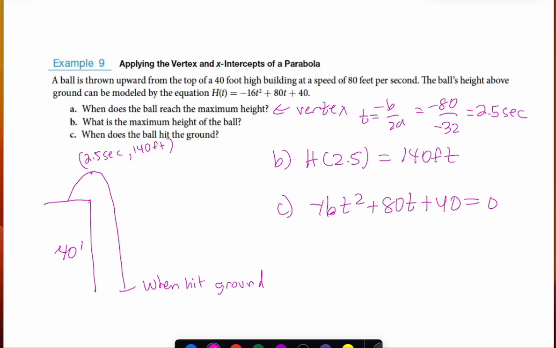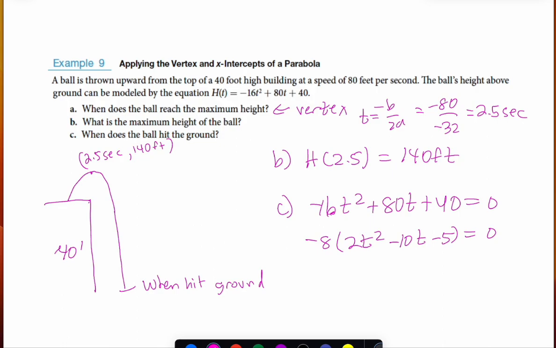Now, to make it a little nicer, I am going to divide everything through by 8. Actually, let's take out a negative 8. So I get 2t squared minus 10t minus 5. Make sure I did that right. 2, negative 10, negative 5.